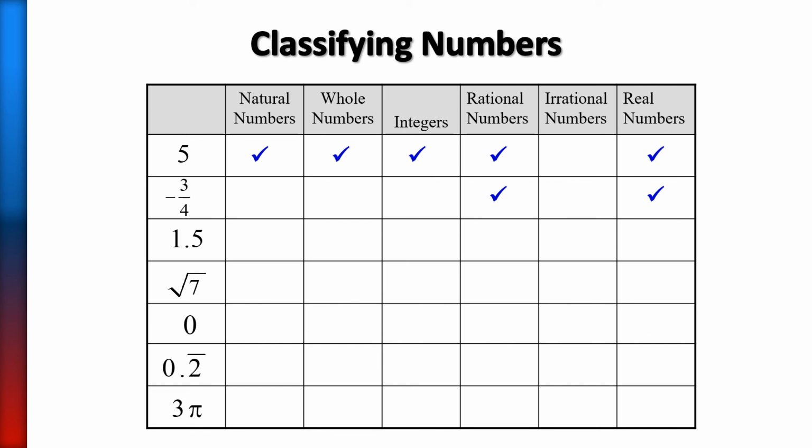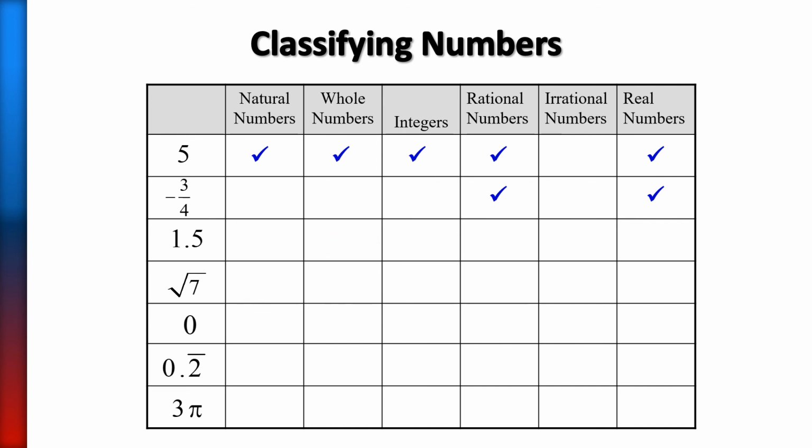Next, 1.5. Is that a natural number? No. Is it a whole number? No. Because again, this is a decimal. Natural numbers and whole numbers are whole digits. It doesn't have in-between digits. Is it an integer? No. Again, all of these are numbers that are whole digits, whole numbers.